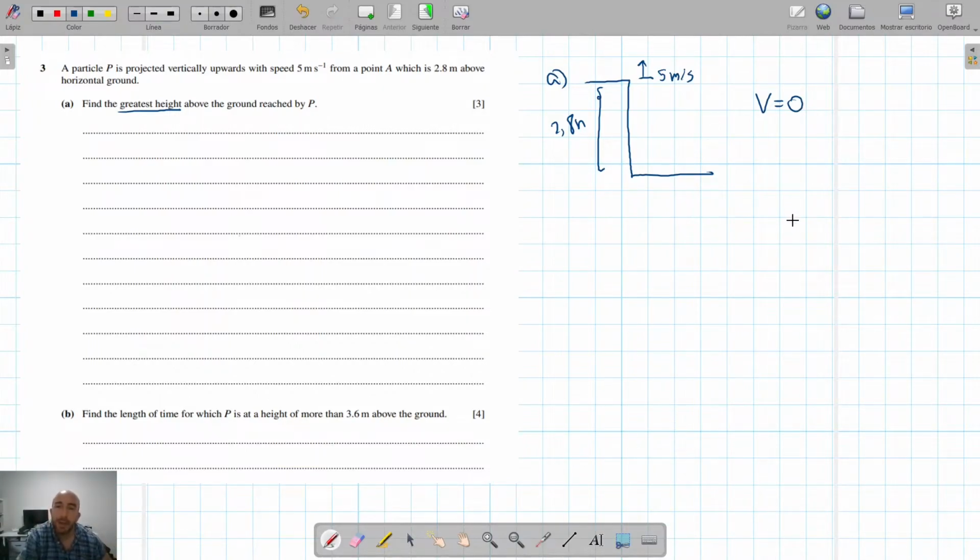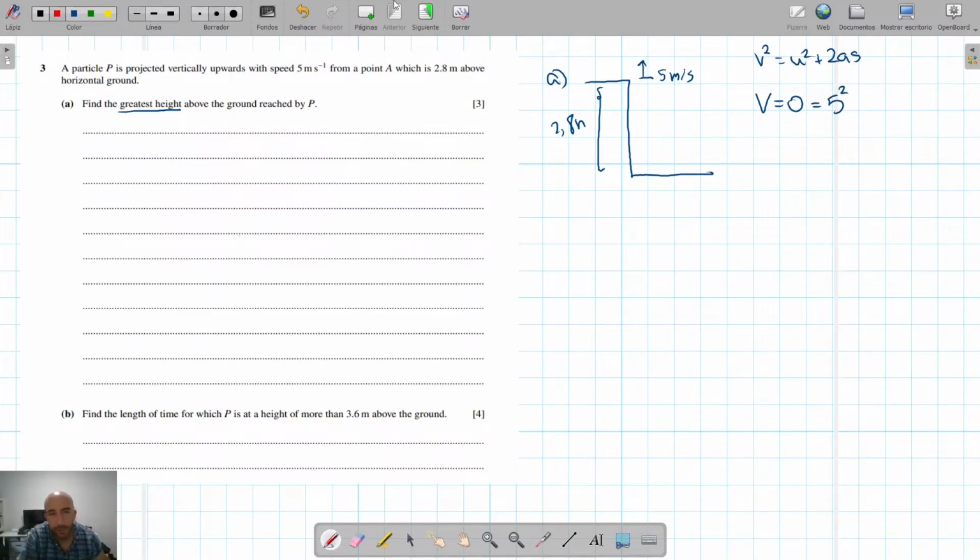Okay, so if we use the third equation of motion, which is v squared equals u squared plus 2as, and we use that v squared is 0. So 0 equals 5 squared, and then we have to take a look.